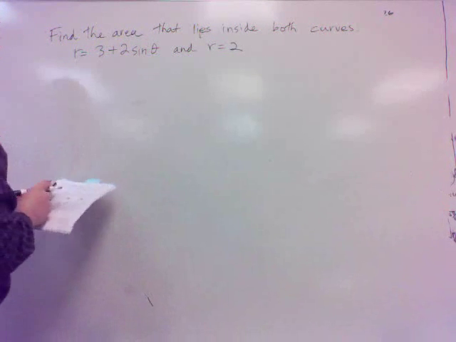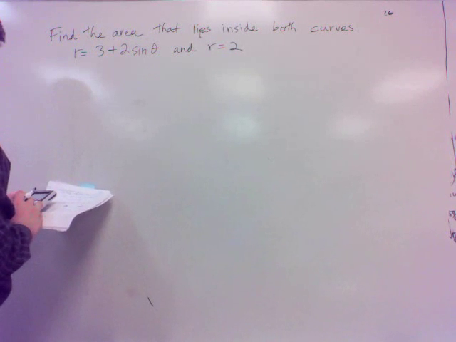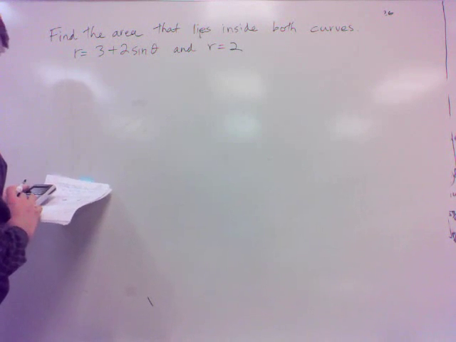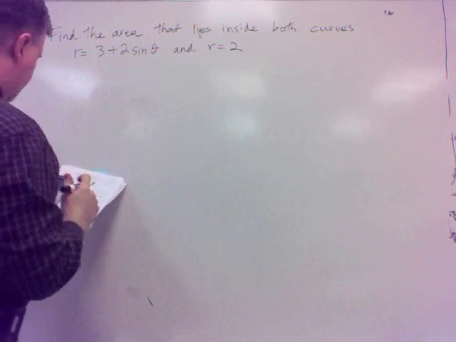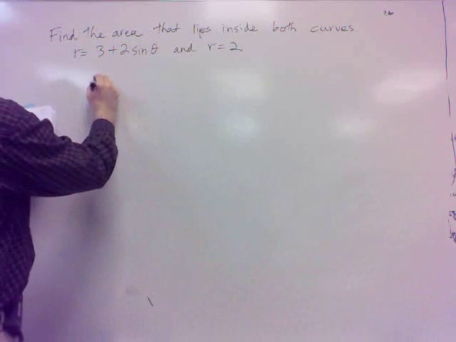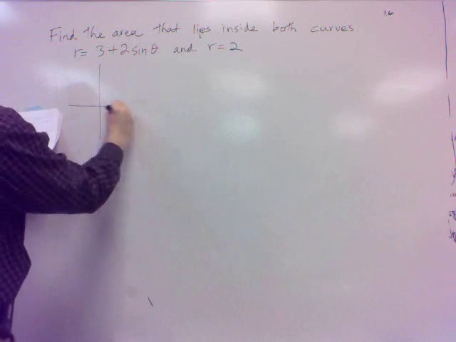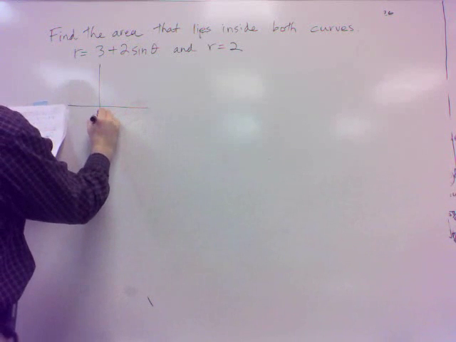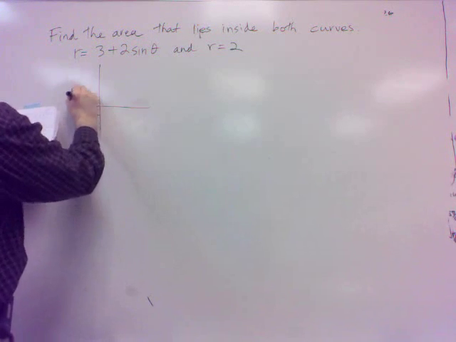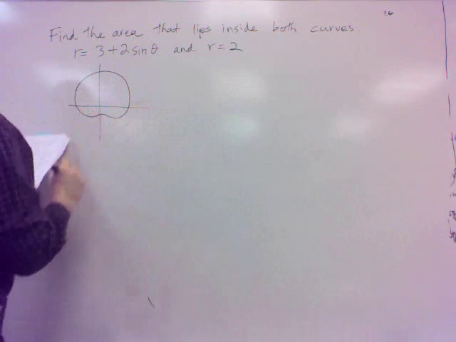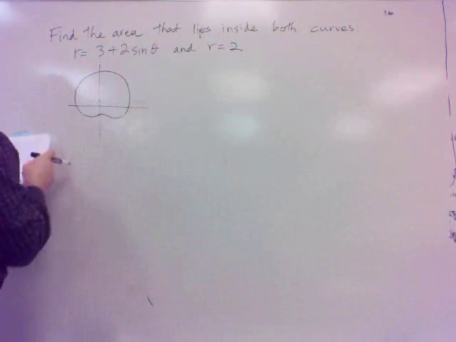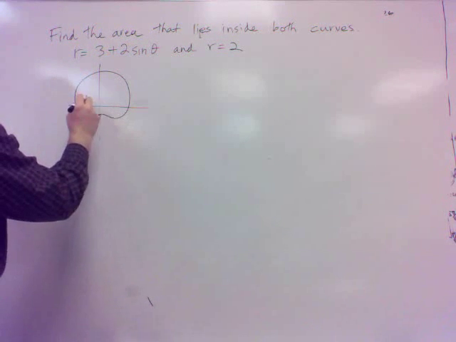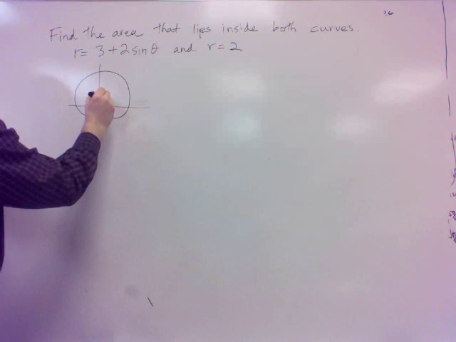So sometimes getting exact little yeah, I got pretty good right there. All right. Okay, so we have 3 plus 2 sine theta looking like this. Something like that. And then R equals 2, yeah, that's the circle radius 2, which is not quite as big as that, but it's something like this.